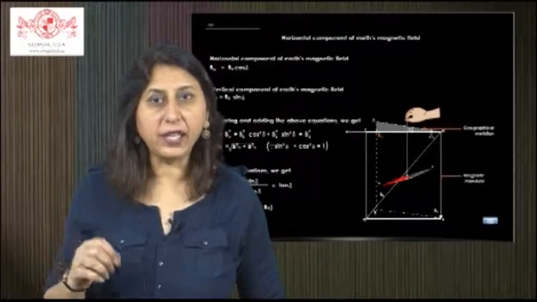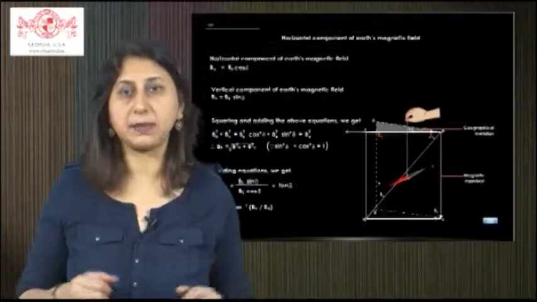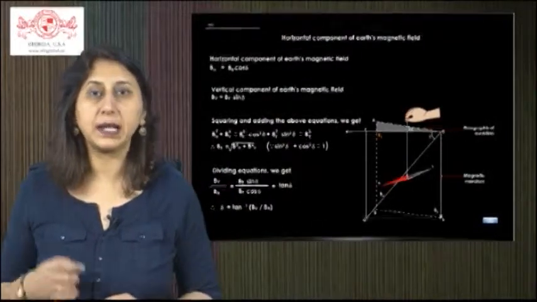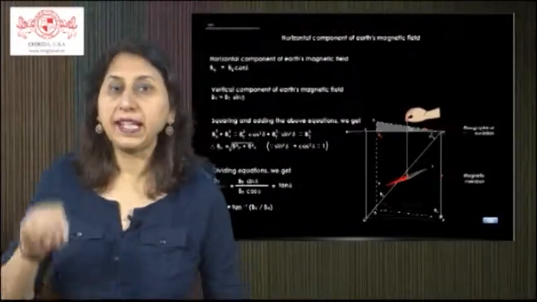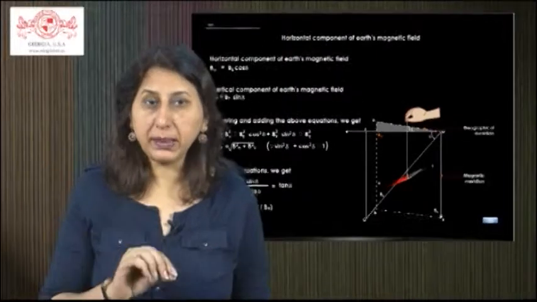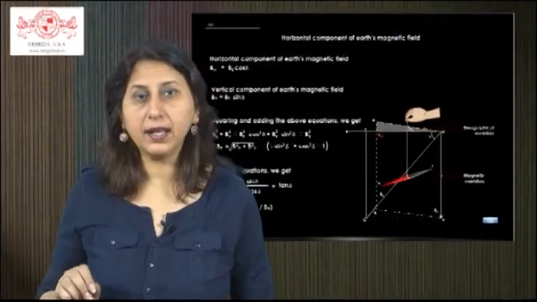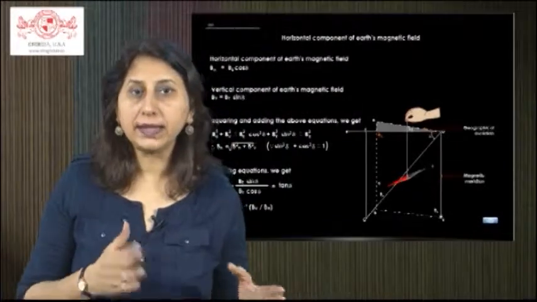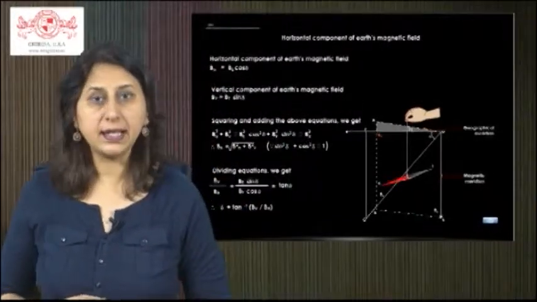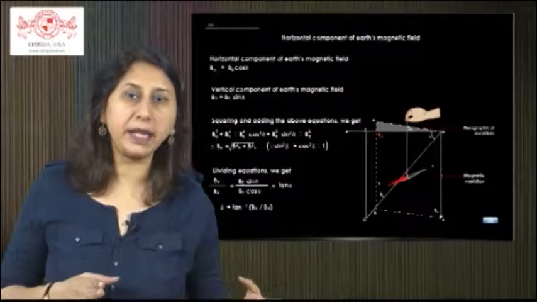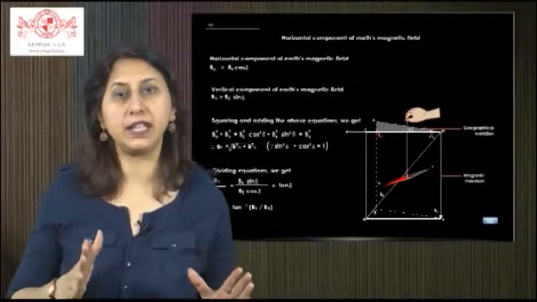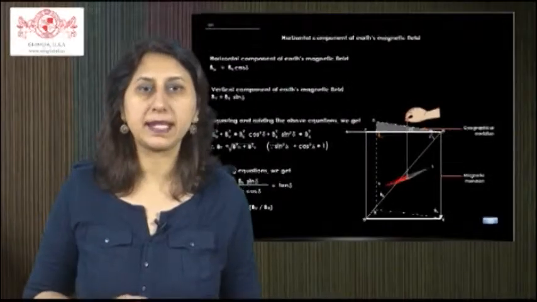By knowing the value of theta and delta at a place, we can determine the direction of the magnetic field BE. And if we know the values of BV, BH and delta, the magnitude of Earth's magnetic field BE can be determined. Thus, theta, delta and BH give complete information about the Earth's magnetic field at any particular place.